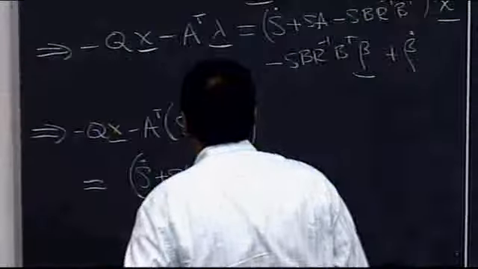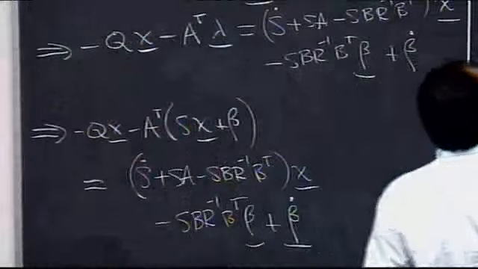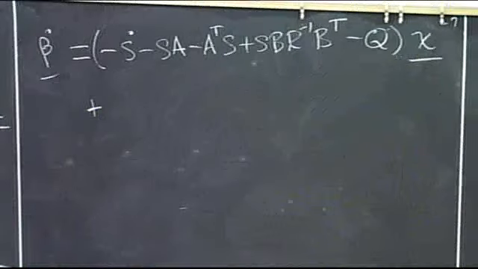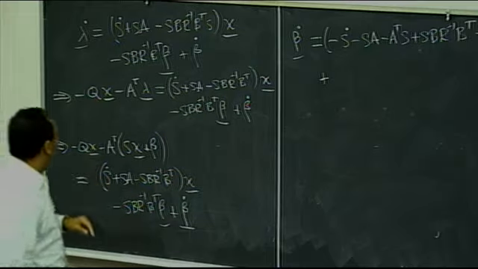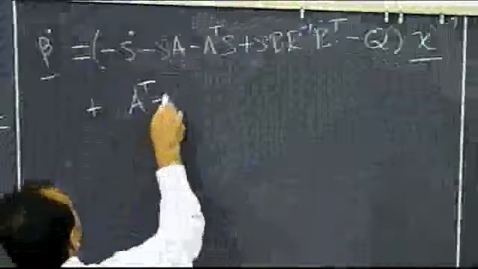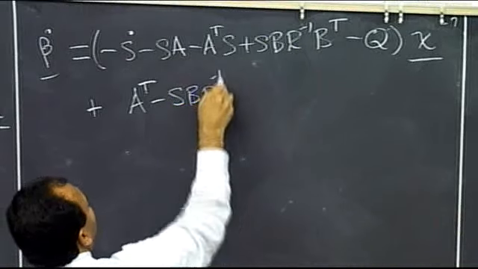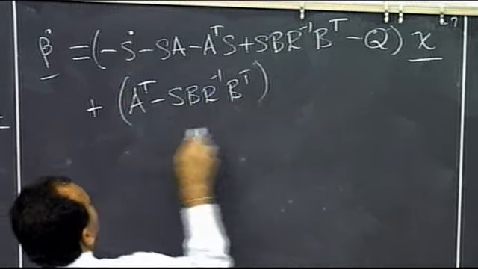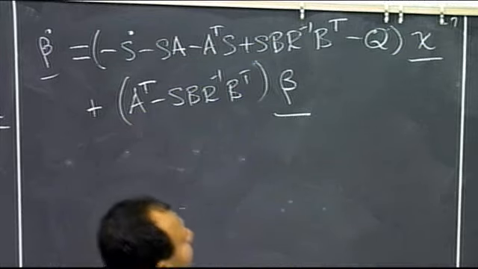That takes care of everything here. And now what else do I get? I get plus, and now I have to take all the terms that involve beta. If I take this to the other side, I get A transpose minus S B R inverse B transpose, the whole thing times beta.